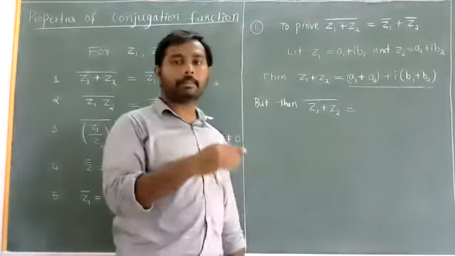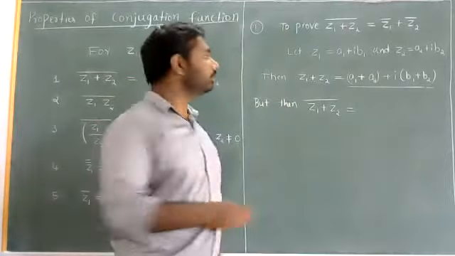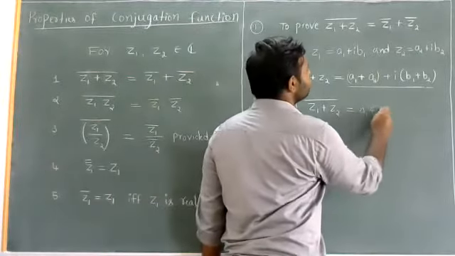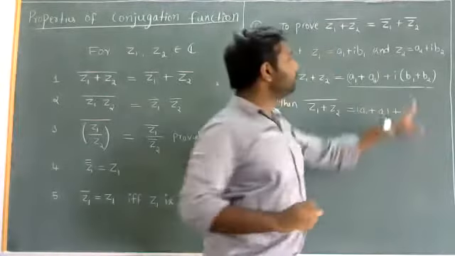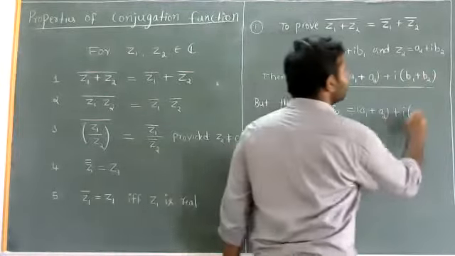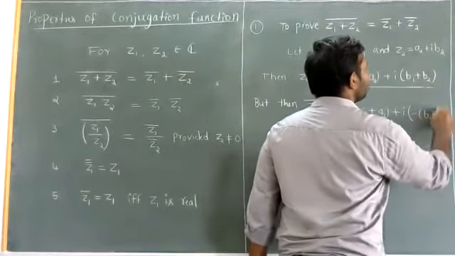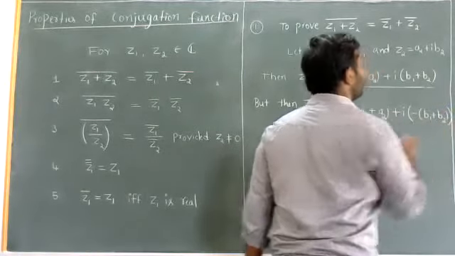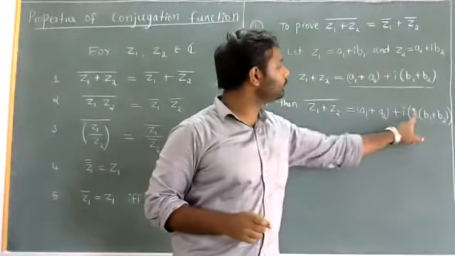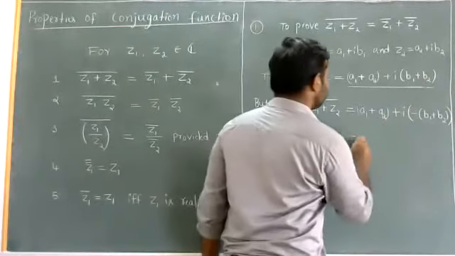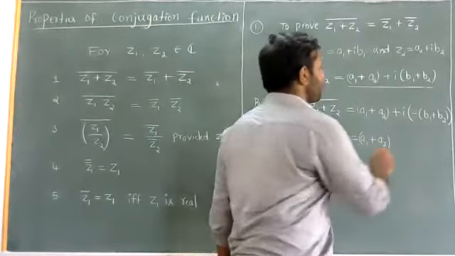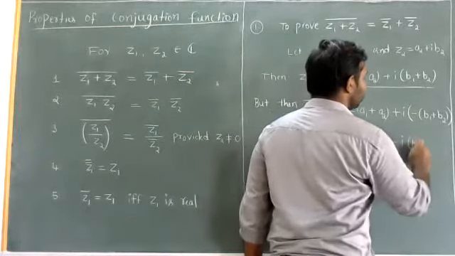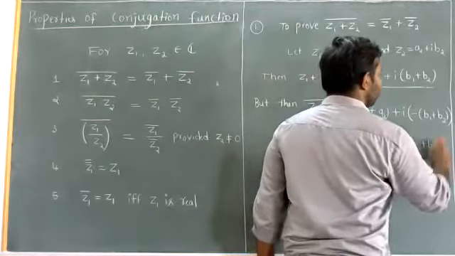Replace it by its negative. So real part as it is, plus i into, in place of b1 plus b2, I have to write minus of b1 plus b2. Now multiply this minus with this plus, so what we get? a1 plus a2 minus i into b1 plus b2.